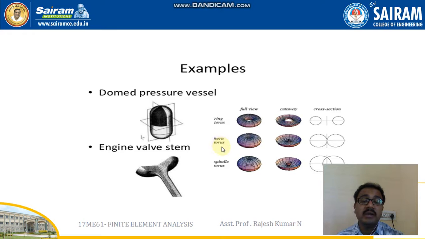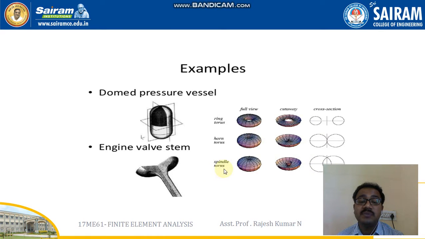Next is the horn torus part, where the center diameter has been reduced, and the cross section is also visible. This distance decides the total radius, and you can see the gap in between. Here you see a huge gap, but actually there is no gap.